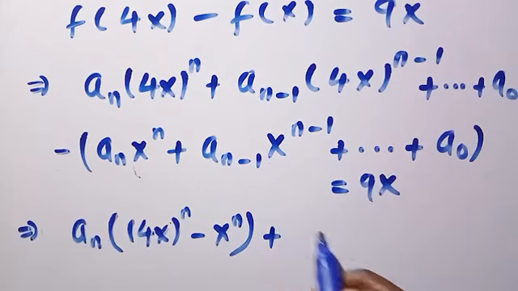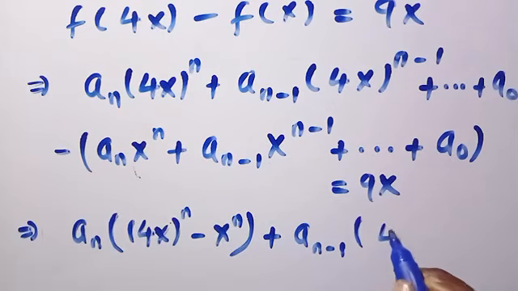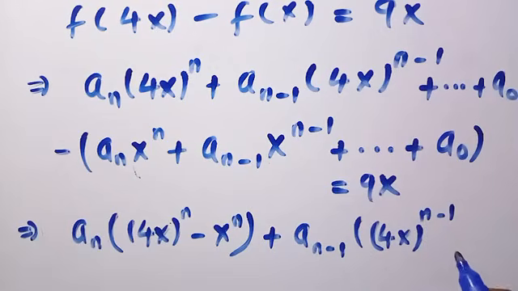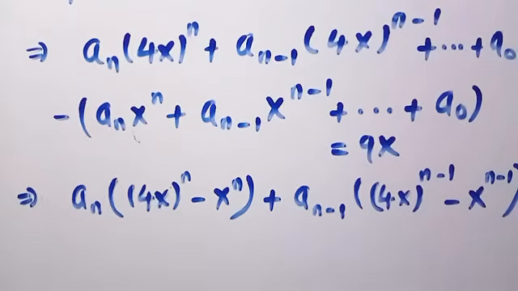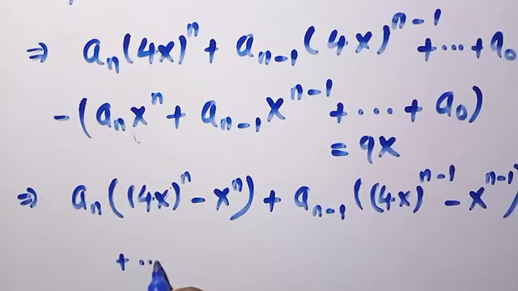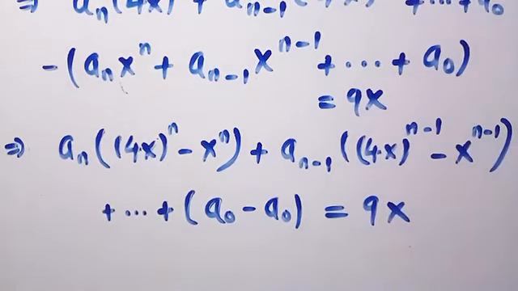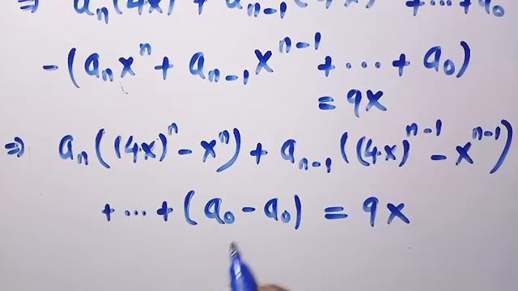Also we have plus an minus 1 open bracket 4x raised to the power of n minus 1, then minus x raised to the power of n minus 1. If this continues like that, we are going to have again plus a naught minus a naught. Everything equals 9x. And before we keep going, a naught cancelled a naught.